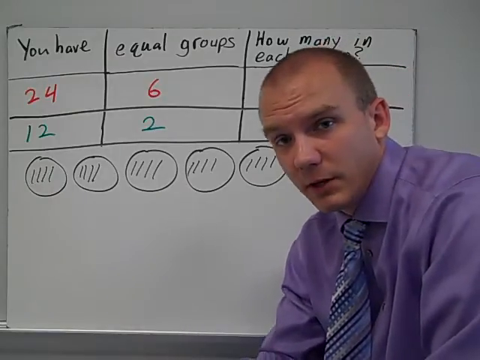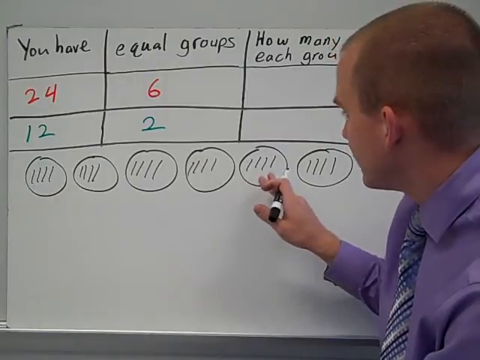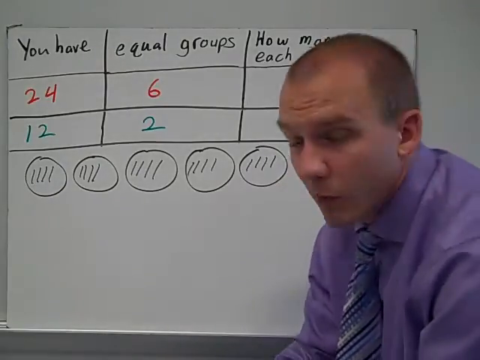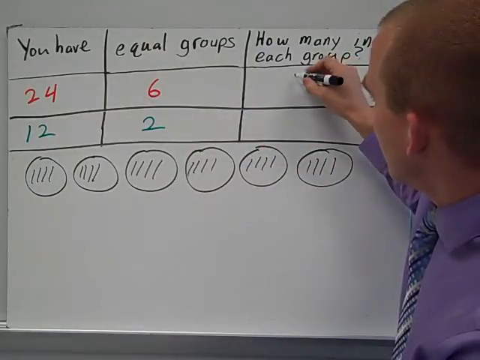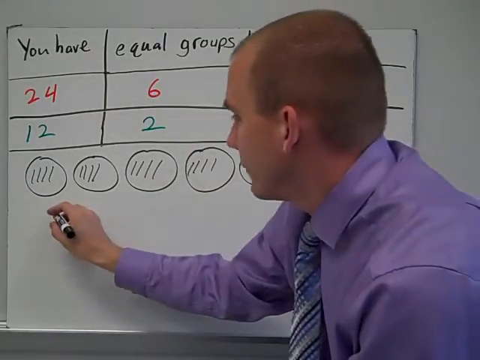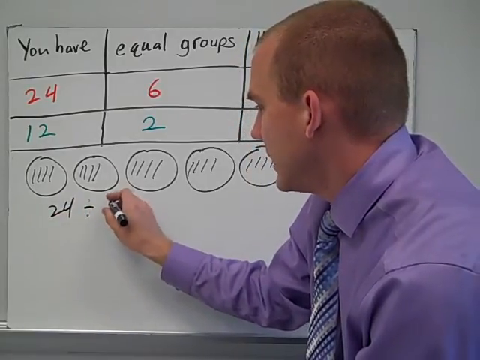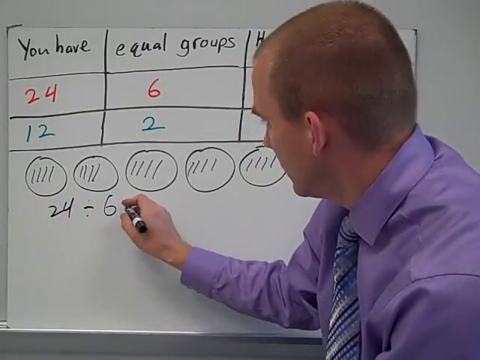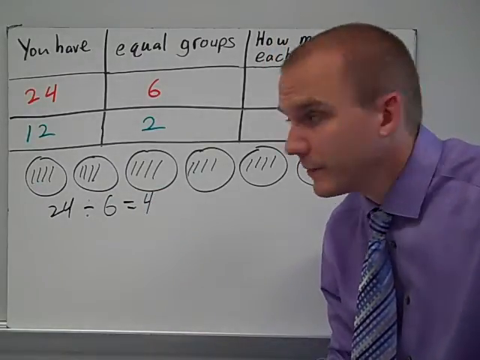Again, it works out evenly. There's an equal amount in each bag. And I look at each of these 6 bags, it has 1, 2, 3, 4 marks. So 24 divided by 6 is going to be 4. There would be 4 in each group. 24 is your dividend, divided by 6, your divisor, equals 4, your quotient.